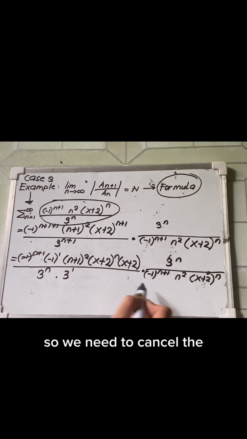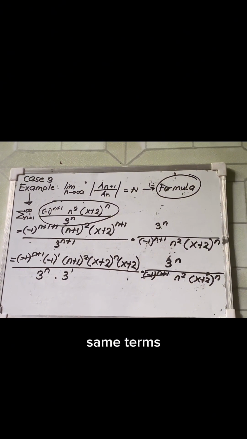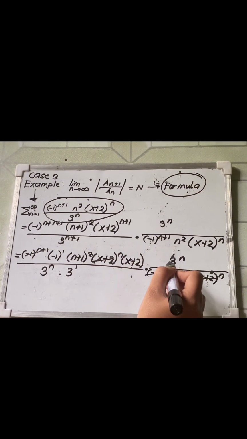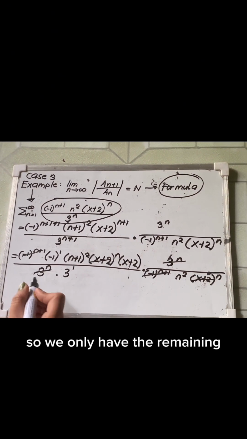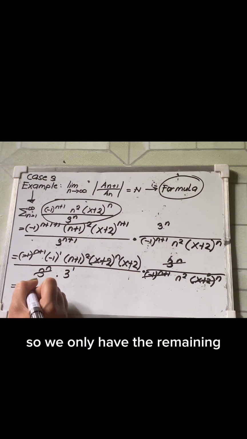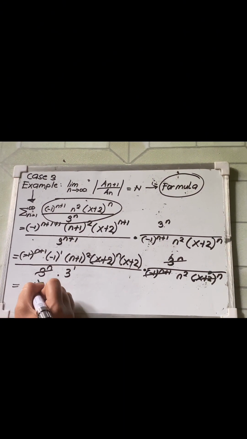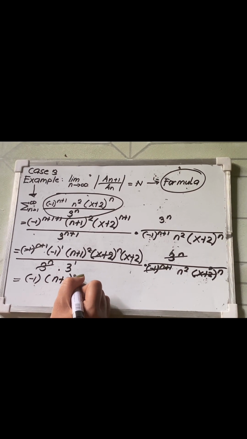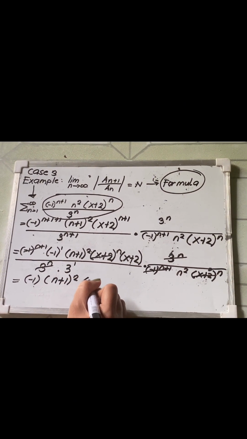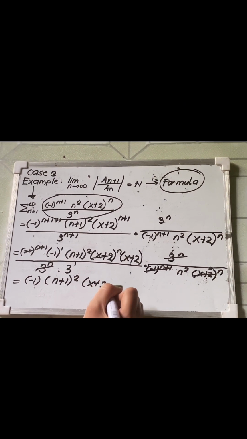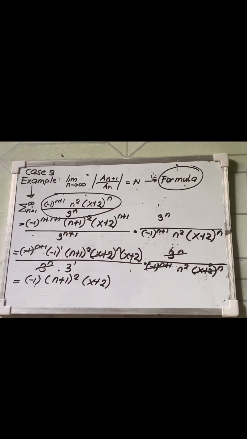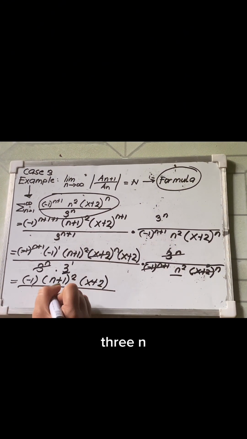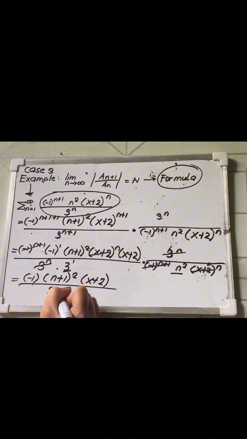So we need to cancel the same terms. We only have the remaining negative 1, n plus 1 squared, then x plus 2 all over 3n squared.